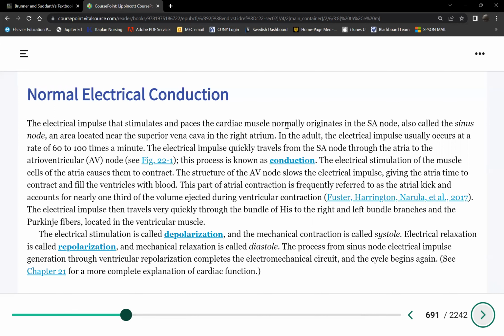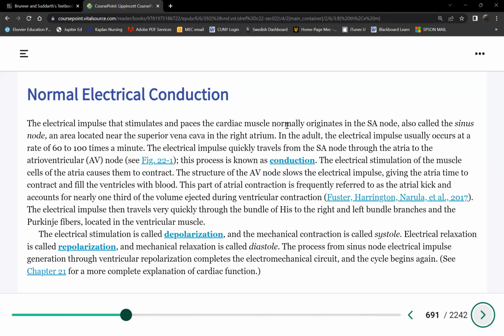So the normal electrical conduction of the heart is generated by the SA node. SA node, also called the sinoatrial node. It is located in the right atrium, right at the entry of blood in the right atrium.